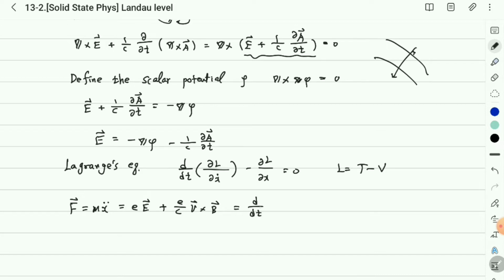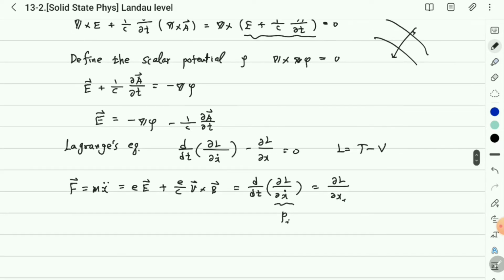In this case, the momentum is the generalized momentum, the Lagrangian derivative with respect to velocity. Therefore it is a force from the Lagrange equation, and it is like that: partial L over partial xi.